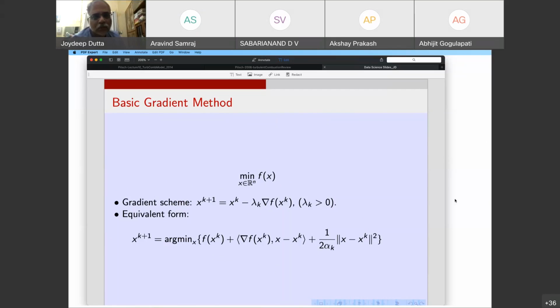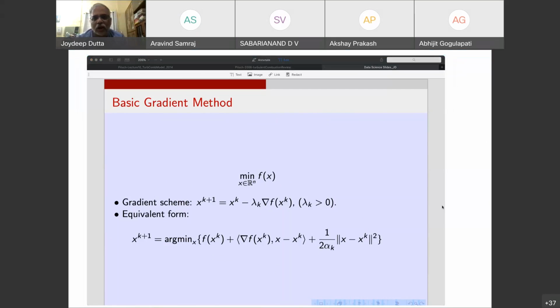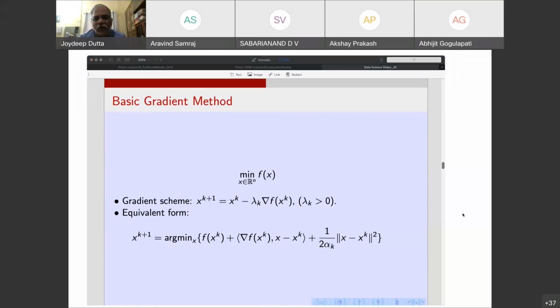You might think I am trying to fool you, but if you calculate the minimizer of this function, because this xk is fixed, now you're minimizing with respect to x. This part is a linear part, this is fixed, so you don't bother, and this part is the strongly convex part. So you add two functions, one convex and another strongly convex, you get a strongly convex function, and you get just one minimizer when you minimize it over Rn. So if you minimize it, this is exactly the minimizer.